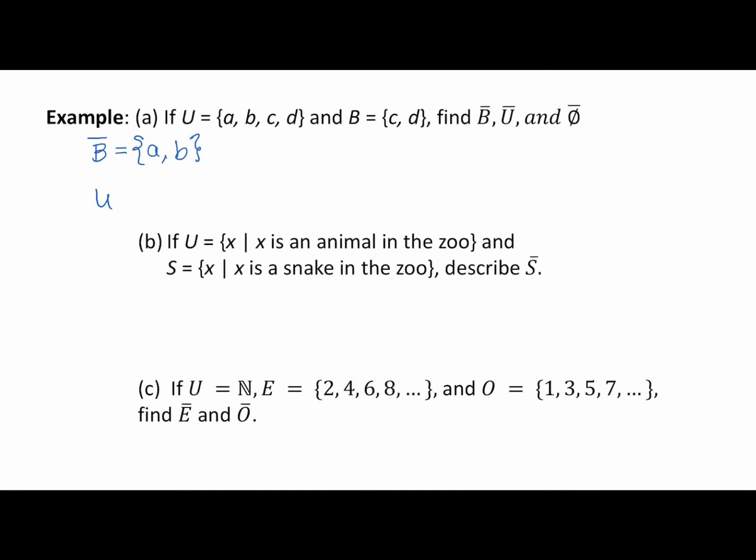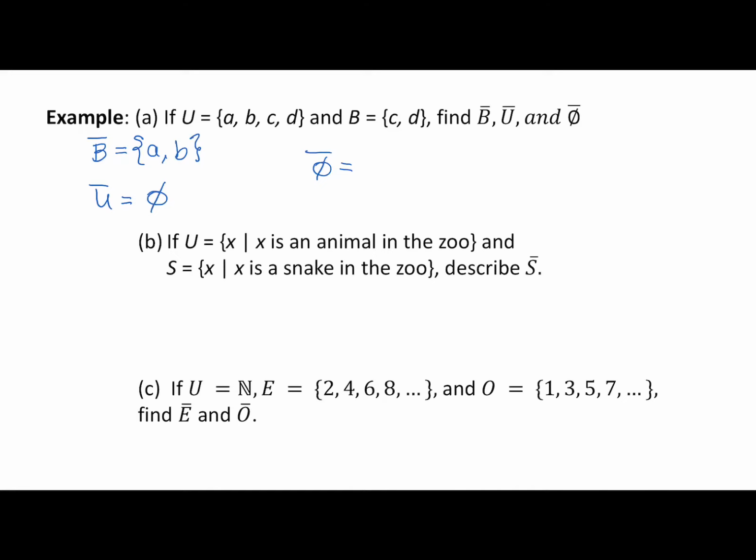What about U complement? Well, U complement is the set of everything in U that's not in U. Now, it sounds a little funny to say. There's nothing in U that's not in U, right? Everything in U is in U. So U complement is the empty set. What about the complement of the empty set?